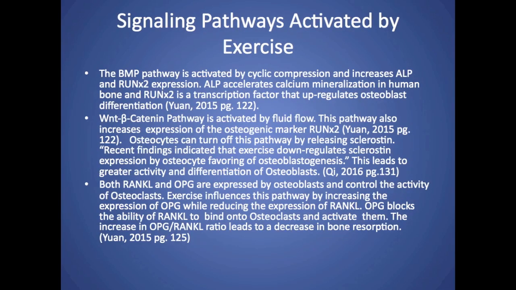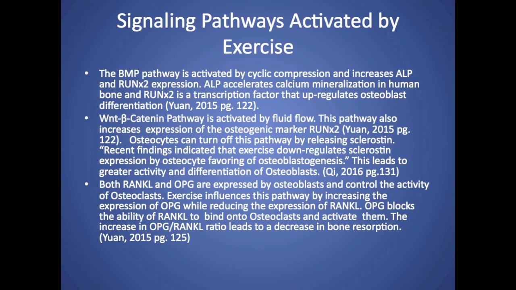There are multiple signaling pathways that are activated by exercise. One of them is the BMP pathway, which is activated by cyclic compression and increases ALP and RUNX2 expression. ALP accelerates calcium mineralization in human bone, and RUNX2 is a transcription factor that upregulates osteoblast differentiation. The WNT beta-catenin pathway is activated by fluid flow.